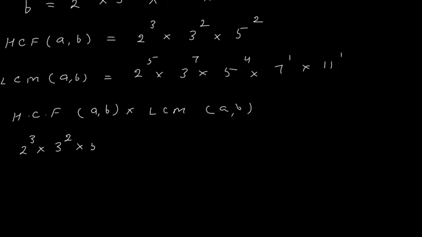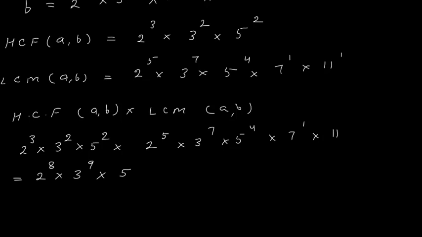This is HCF, and LCM is 2 power 5, 3 power 7, 5 power 4, 7 power 1 and 11. Now what do I get? 2 power 3 is here, 2 power 5 is here. So 5 plus 3, 2 power 8 into 3 power 2 is here, 7 is here, 7 plus 2, 9 into 5 power 2 is here, 4 is here, 4 plus 2, 6 into 7 into 11.